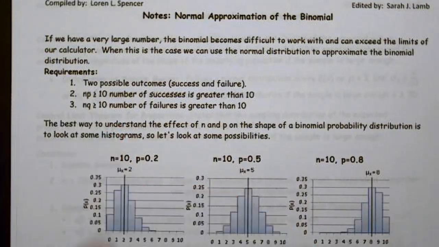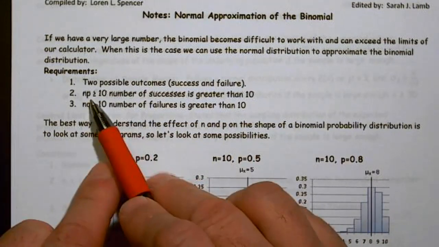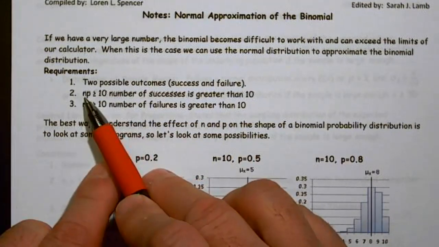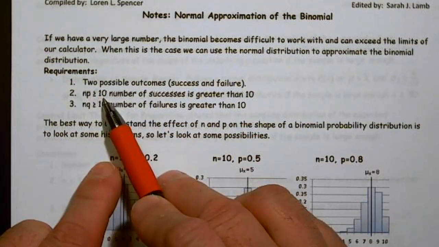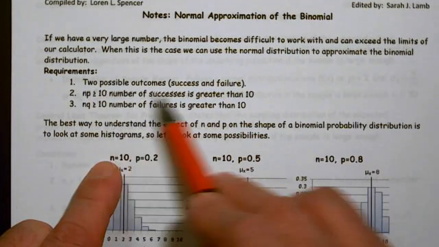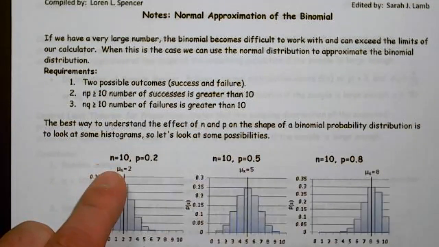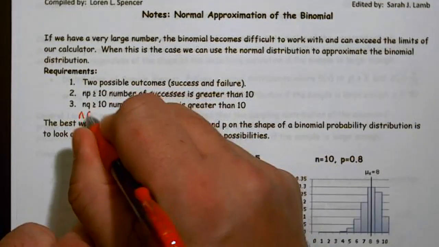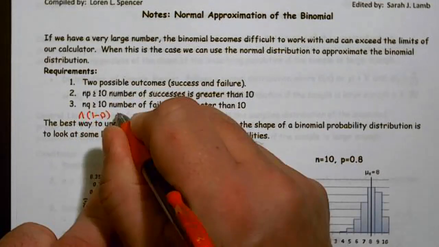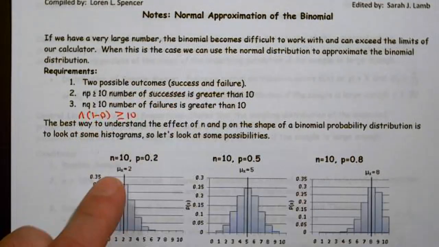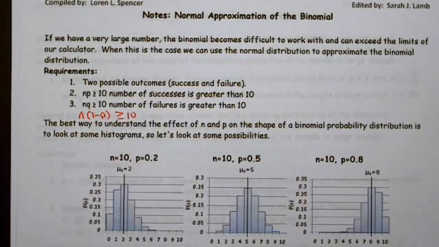So NP, our sample size times the probability, has to be greater than 10. So the number of successes has to be greater than 10. And the number of failures, NQ, or N times 1 minus P, also must be greater than or equal to 10. So the number of successes and the number of failures must be greater than 10.